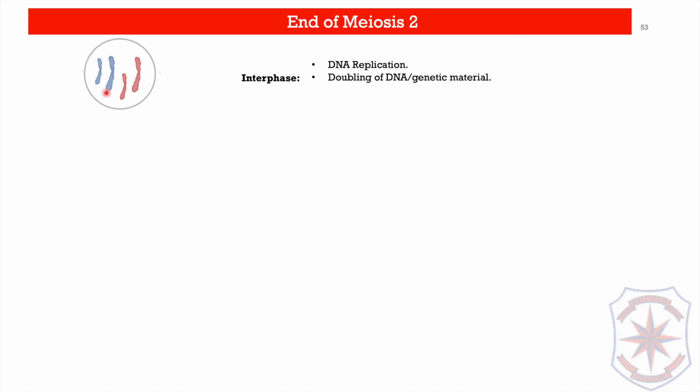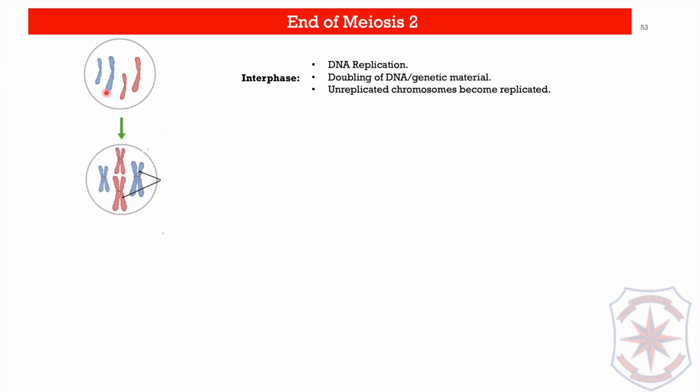Okay, and then doubling of DNA or genetic material occurs during interphase. Unreplicated chromosomes will become replicated, as you can see over there. So when the chromosomes are replicated, meaning containing two chromatids, now the cell is ready to divide. As you can see, the red chromosomes were unreplicated.